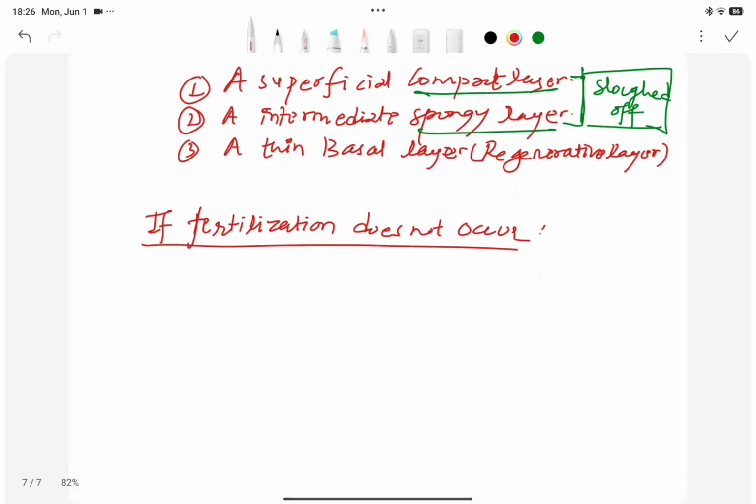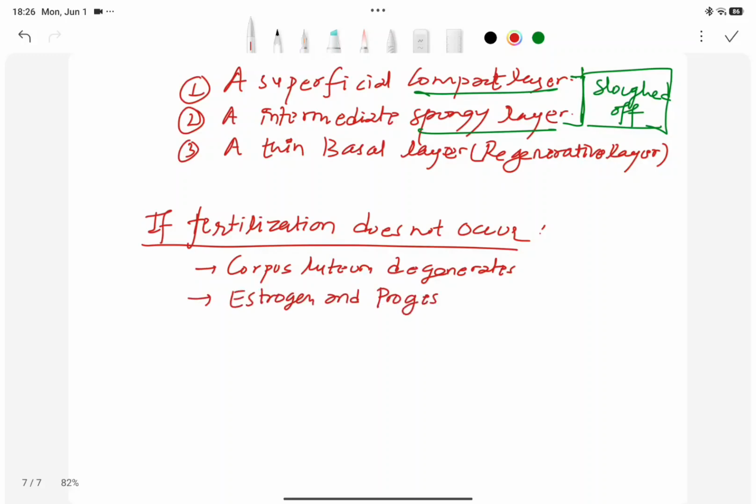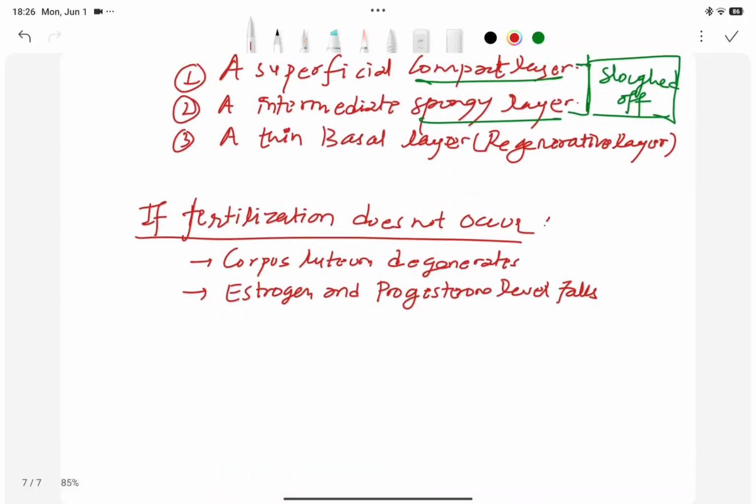The corpus luteum degenerates, and the estrogen and progesterone levels fall, and menstruation occurs.